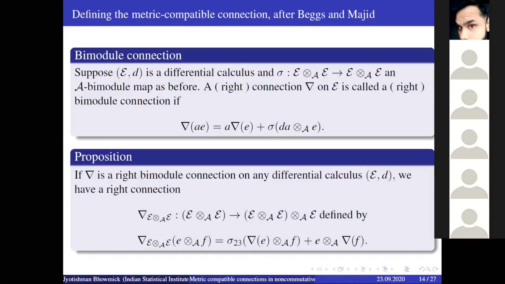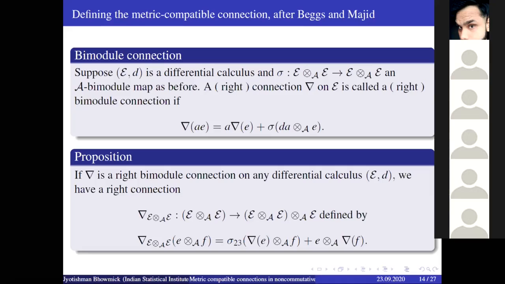Okay, so Beggs and Majid showed that if you have any differential calculus, and if you fix this sigma, and if you start with a connection on E, then you can extend this connection to E tensor E by this formula. So here you have made use of this sigma. Okay, so let's recall.